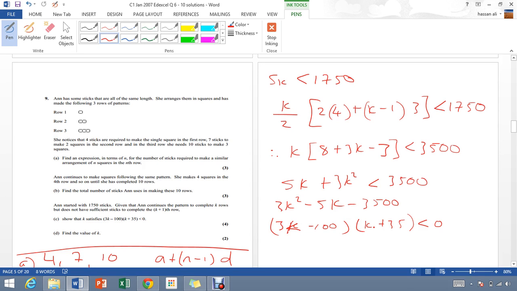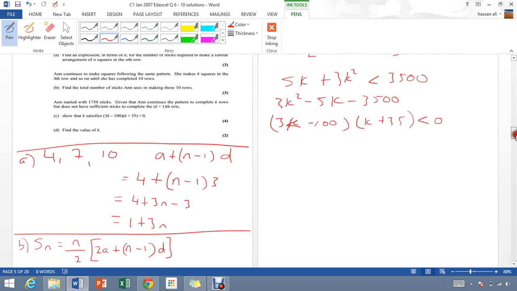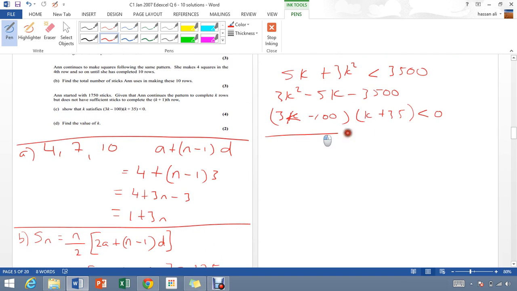And D simply says, it's a 2-mark question, find the value of k. Right, so we have 2 brackets, so therefore 3k minus 100 equals 0, so k will equal 100/3.